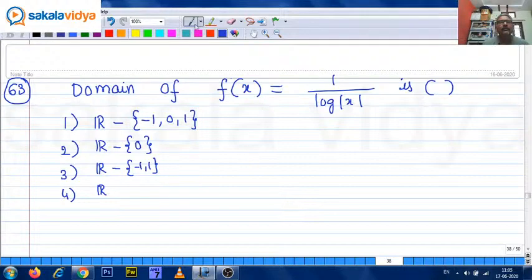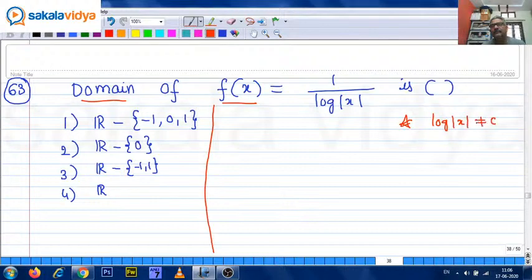So now, domain of f of x is equal to 1 by log mod x. Here the conditions: log mod x should not be equal to 0. That means mod x should not be equal to e to the power of 0, which is 1. That means x does not equal plus or minus 1.